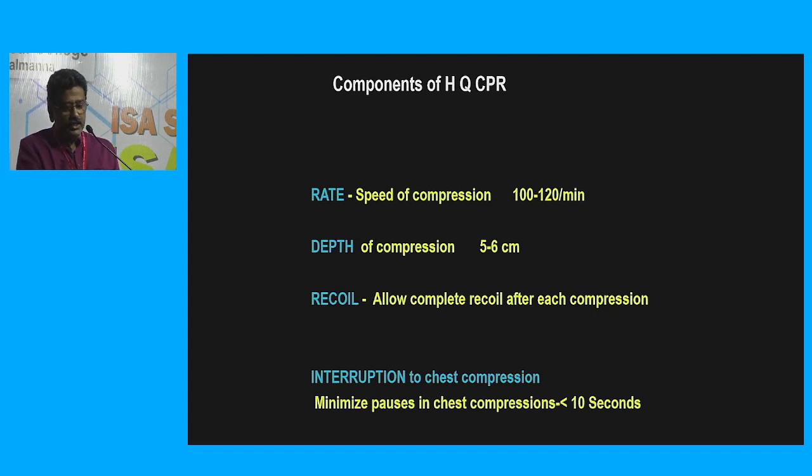Both are the same, and what the Indian Resuscitation Council plans is that it should never come down below 120, so that at least if they go to 100 also it's okay. So it's 100 to 120 as told by AHA.